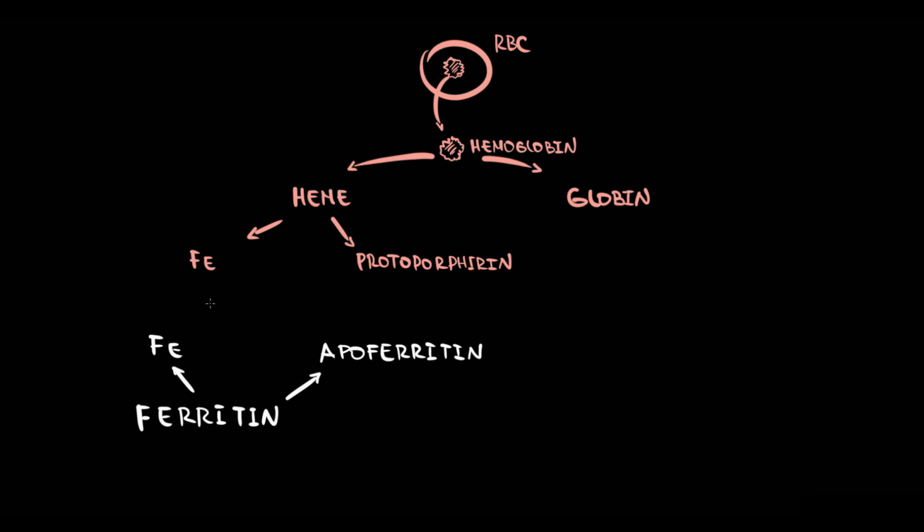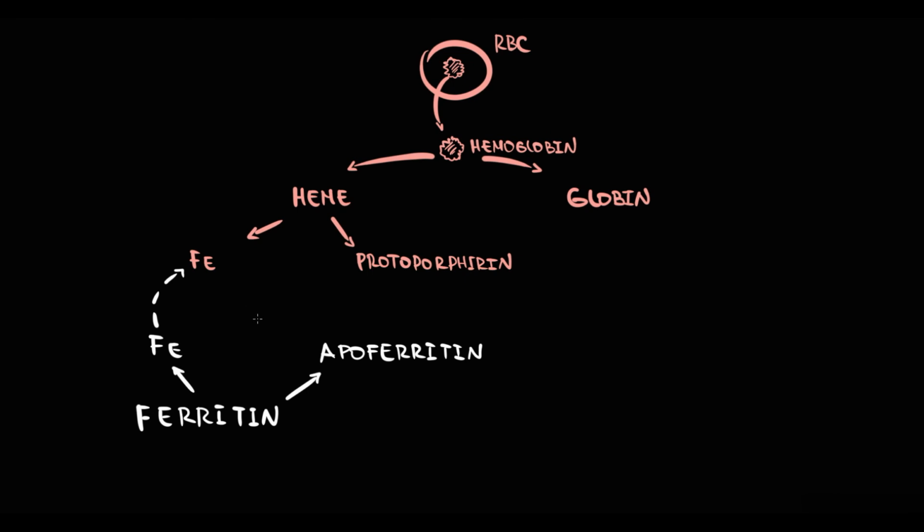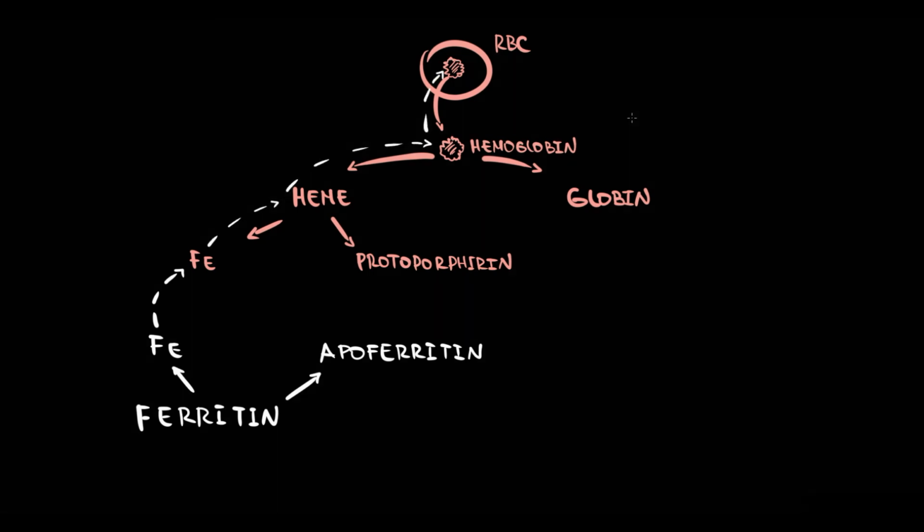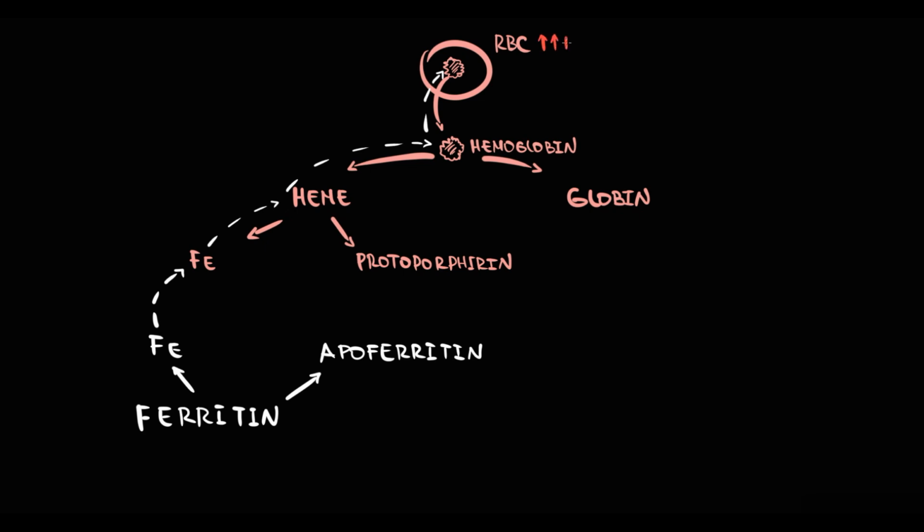Red blood cells have inside them hemoglobin, which is the major functional component. Hemoglobin consists of heme and globin, and heme consists of iron and protoporphyrin. So to produce red blood cells, we have to take iron from ferritin and to put this iron inside the hemoglobin. As we said, JAK2 kinase mutation in polycythemia forces bone marrow to overproduce red blood cells.